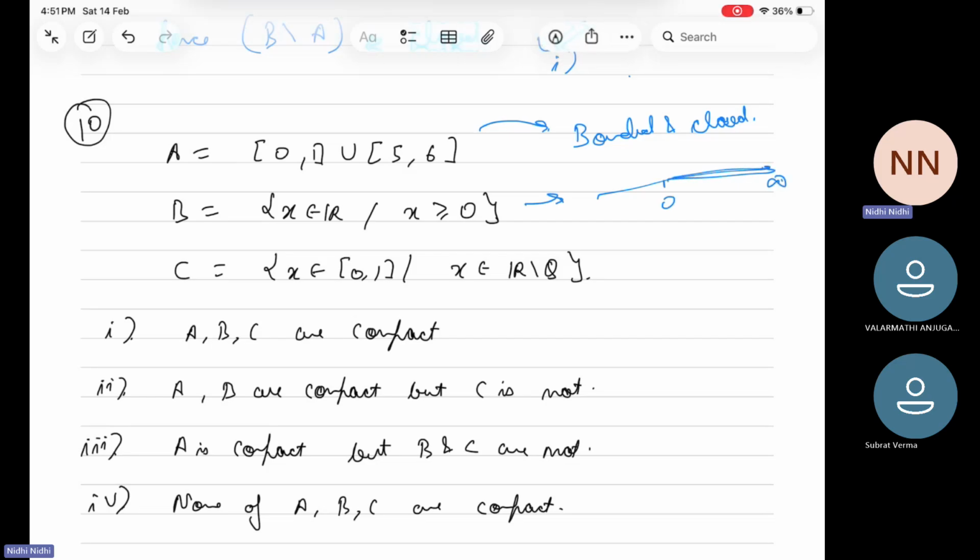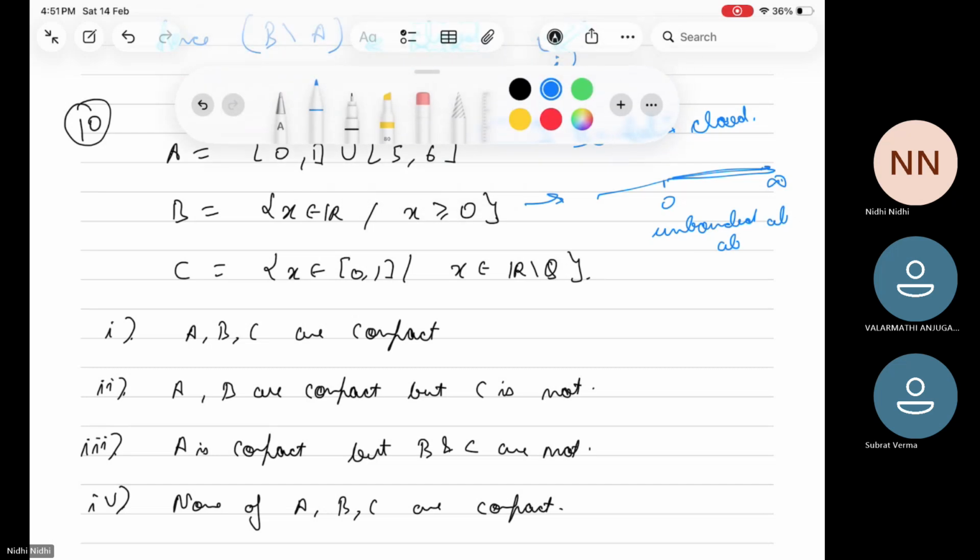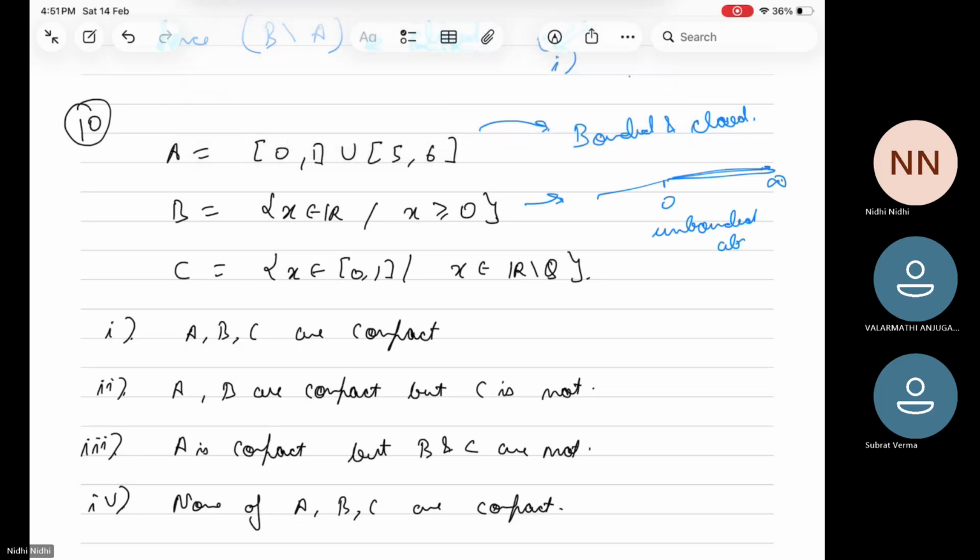So this is unbounded above. Unbounded above. Therefore, we cannot say this is compact. So A is compact, B is not. And what about this set C?